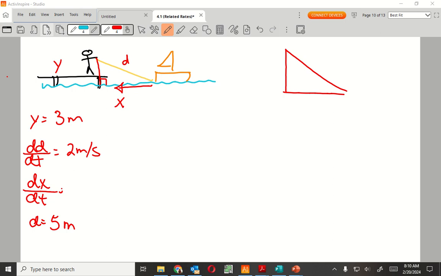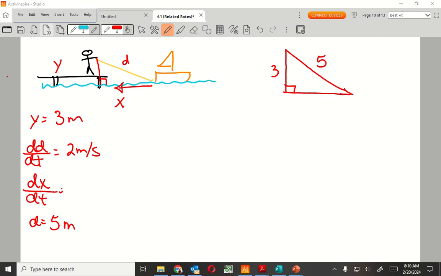On this triangle, it gave us some values that are always going to be there. This is always going to be 3. And then my D value, they said, is going to be 5. Isn't this a right triangle? Yep, it's a right triangle.